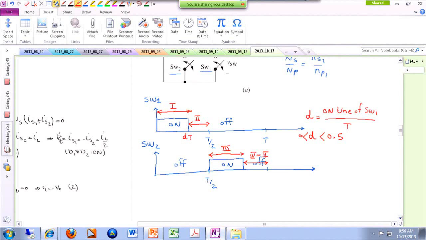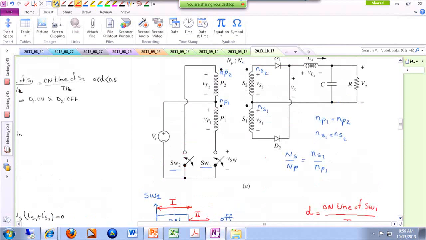And as it turns out, in this topology, as you can see over here, we have not considered that there is a magnetizing inductance over here. All right? You can do the analysis with this magnetizing inductance. You can do the analysis without this magnetizing inductance. And as it turns out, because we are doing everything symmetrically, we don't really have to worry about this magnetizing inductance, and it is never going to get saturated.